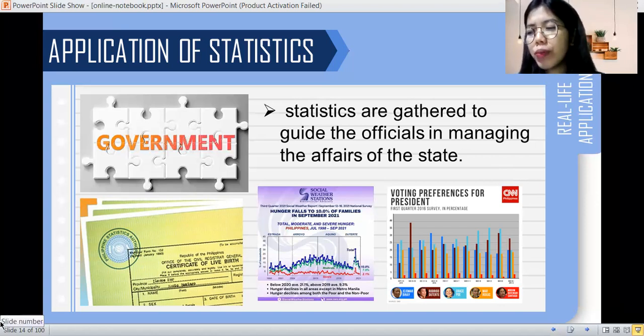So, yun po, from the moment we are born, may record na po tayo sa government na yun yung proof na we are Filipino citizens, and also magagamit din po itong mga ganitong documents sa pag-improve ng government, of course. Ayan po.